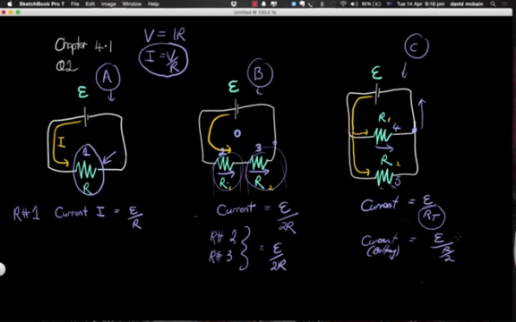Now, we're going to use stay, change, flip here, so it's E divided by R over 2, which is the same as, stay, change, flip, actually 2E over R. That's the current coming out of the battery. So 2E over R is coming out of this battery.